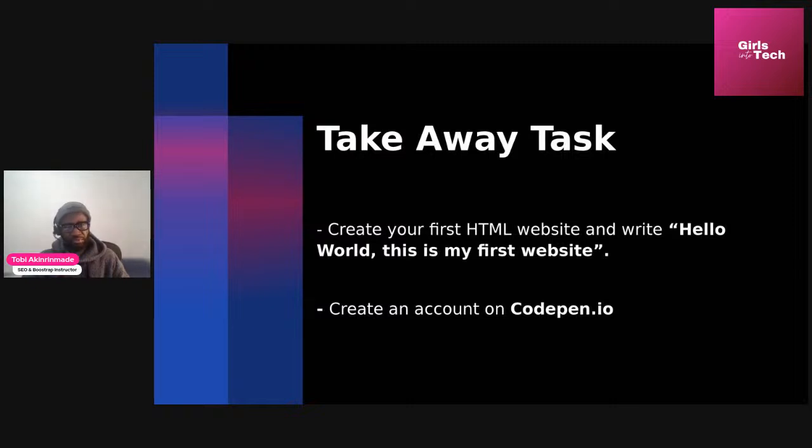So once you save it, go back to your file explorer, and then right click on your file, and then open it with any of your browsers. And let's see if you have the same output that we have in codepen.io.